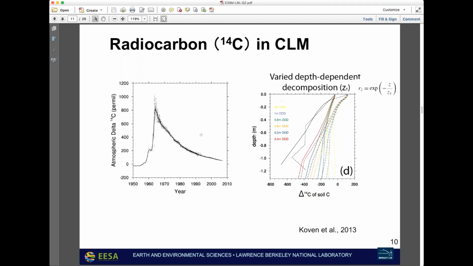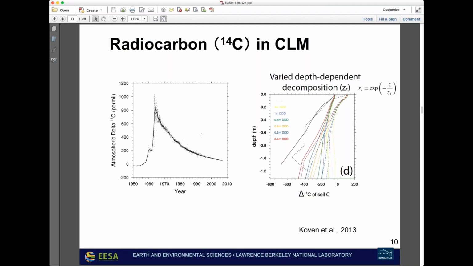This parameter controls how decomposability declines with depth, and this is a very important parameterization we use to parameterize the change of residence time. I'm going to come back to this issue again for the ECSM land model. But here we can see that it's a very powerful parameterization scheme.